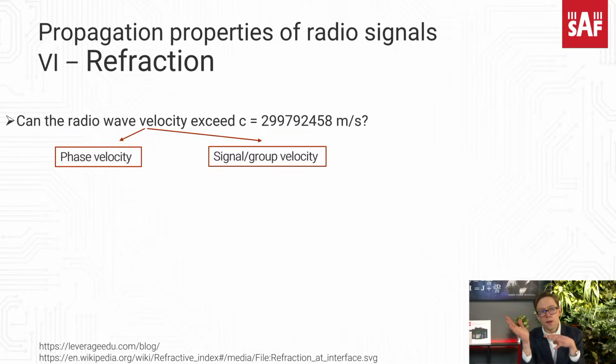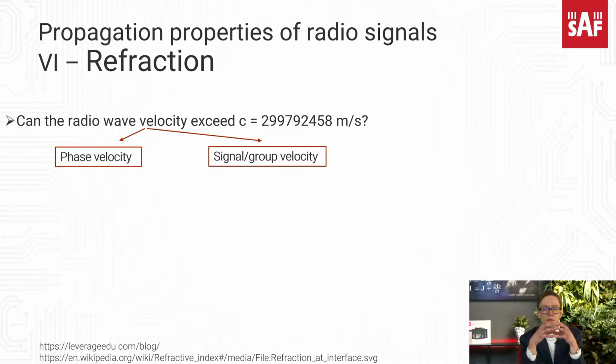That's one thing. The other thing is the group velocity, which is the velocity of the wave envelope propagation, I mean the overall wave envelope. If we have, let's say, a modulated signal with a carrier, this envelope is going to propagate with the group velocity.